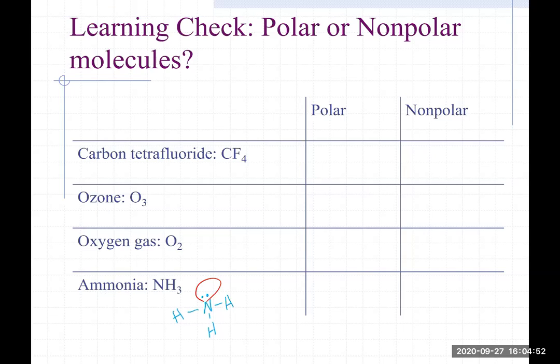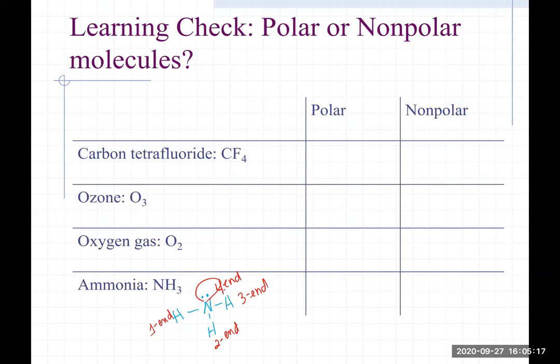And that lone pair, which is on one of the ends, so there's a hydrogen at one end, there's another hydrogen, and another hydrogen. That's end 2, this is end 3, and this lone pair is end number 4.